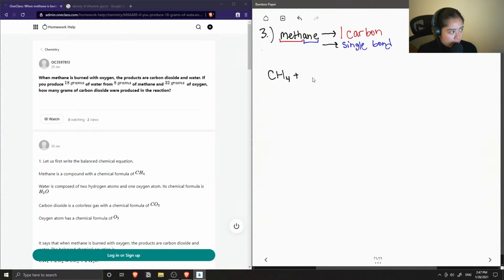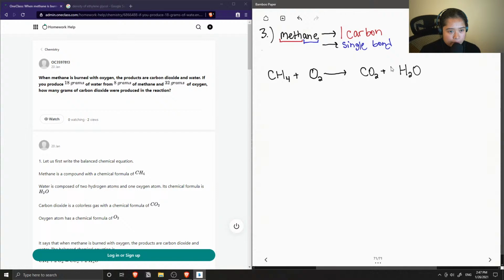And methane reacts with oxygen gas, which is in its diatomic state, so it's O2. And this produces carbon dioxide and water. Okay, so now we need to balance out this reaction. We have one carbon on both our product and reactant side, but on our product side, we only have 2 atoms of hydrogen, but on our reactant side, we have 4.